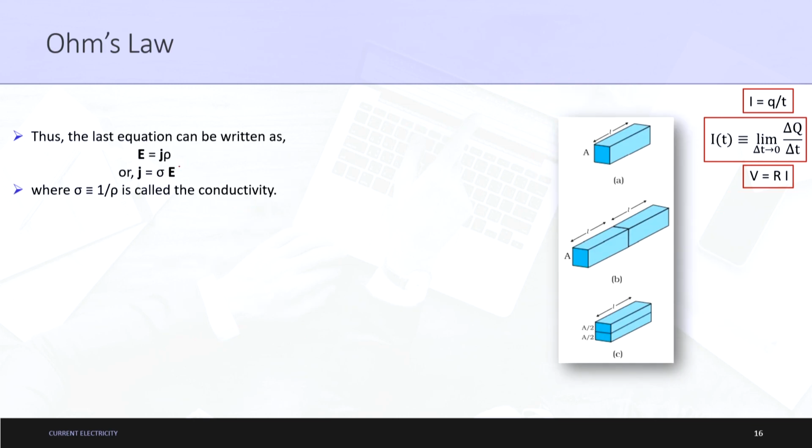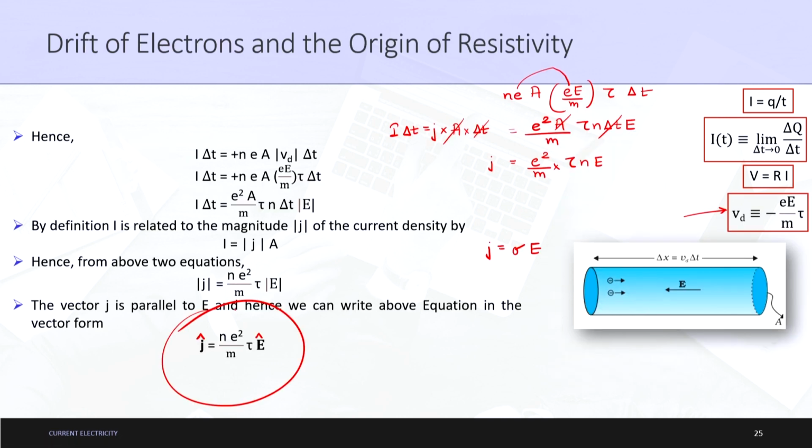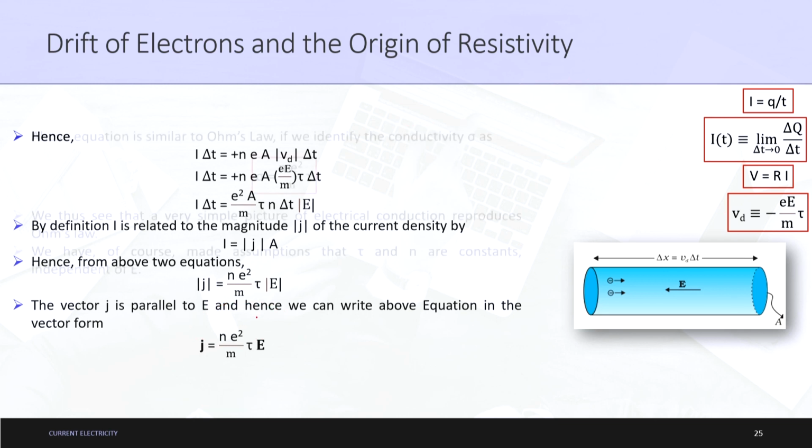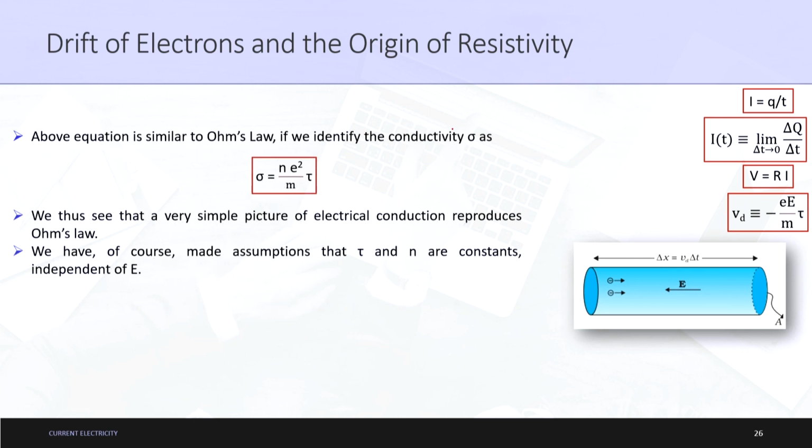So, j is equal to σE. Just using this expression directly, as j is equal to σE, we can find that the conductivity σ can be defined as σ = n e² τ / m. And therefore, this is the origin of resistivity.